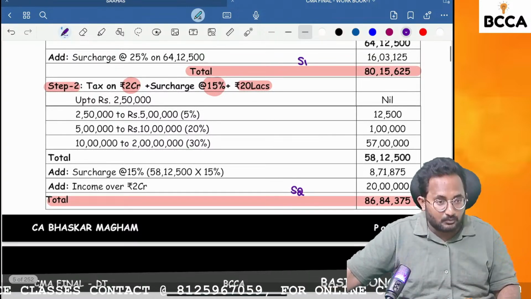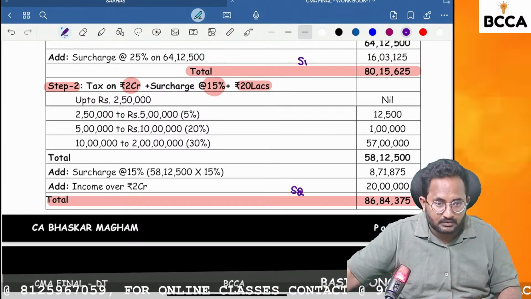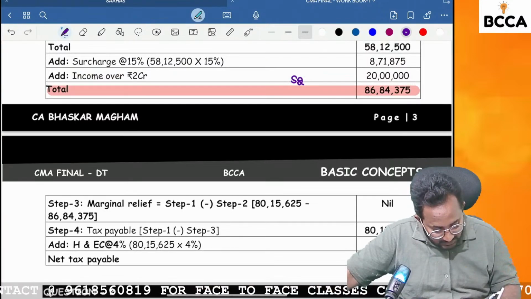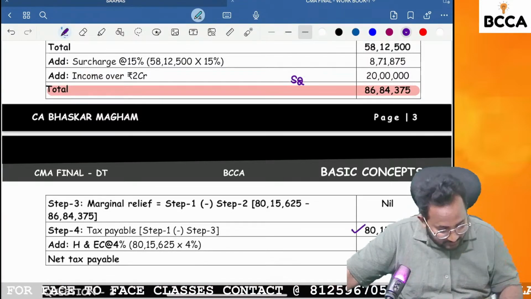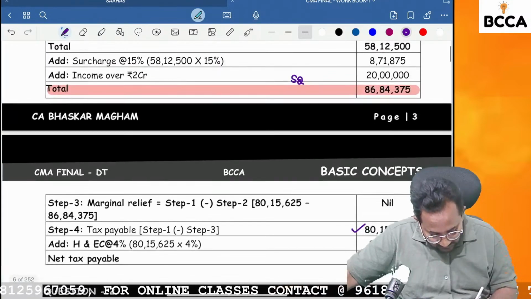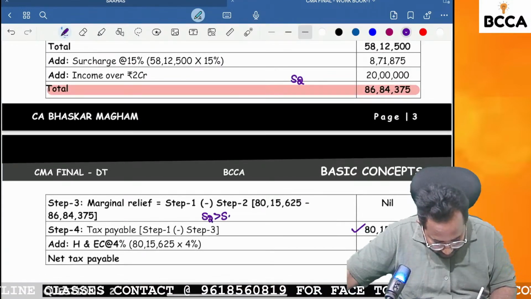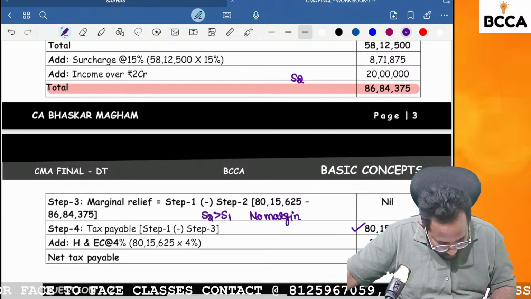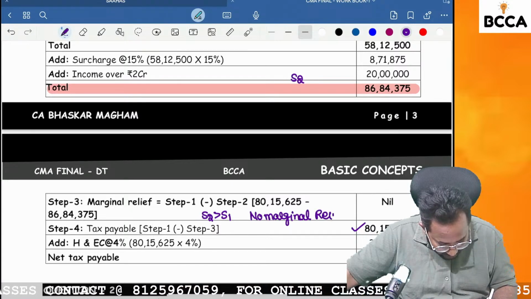Step 2 is more than step 1. So there is no concept of marginal relief. Then they will levy the step 1 answer only as the tax liability. So why is there no marginal relief? Step 2 is more than step 1. No marginal relief here.